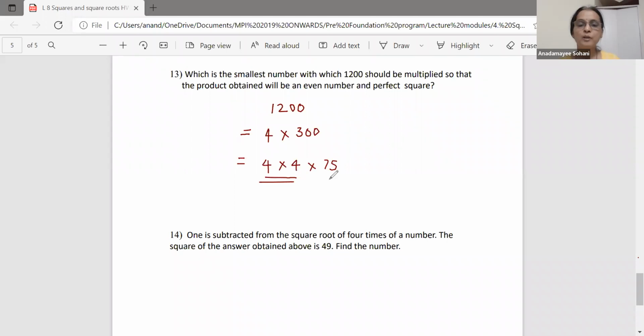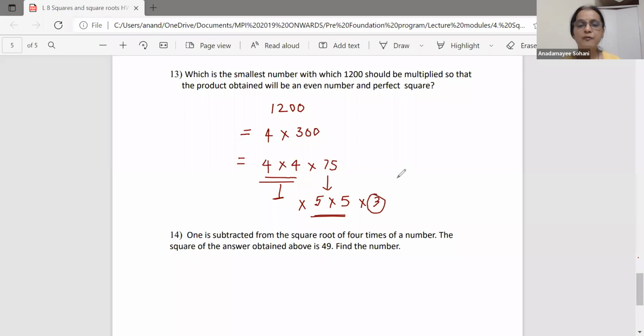Then 75 will be 5 into 5, 25 into 3. So I got a pair of 5 also. So what are the final factors of 1200? 4 into 4, pair of 4, into 5 into 5, pair of 5, and this 3 is unpaired now.